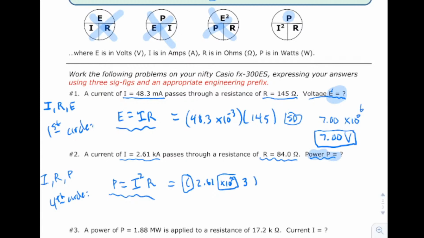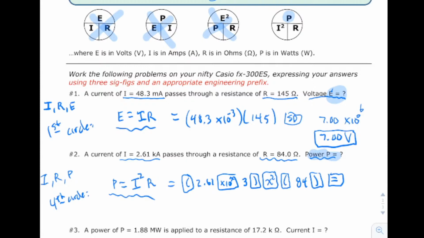I'm going to close the parentheses, and then I have to square it. Remember, there's a square button that we saw how to use. Then the result is going to be multiplied by, so I'm going to open up another parentheses, and I'm going to type, what am I going to type? 84 ohms, huh? So just 84 will do it. I don't have to say 0.0 really. I hit this, and then I hit equals, and let's see what it says.